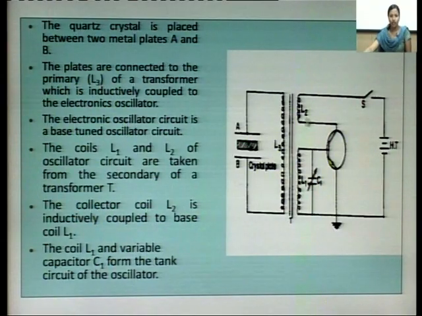The collector coil L2 is inductively coupled to the base coil L1, and the coil L1 and the variable capacitor C1 form the tank circuit of the oscillator.